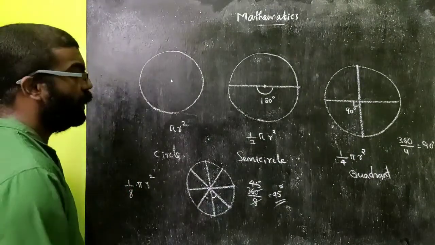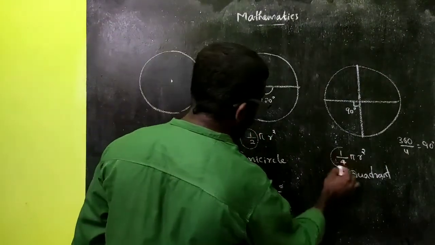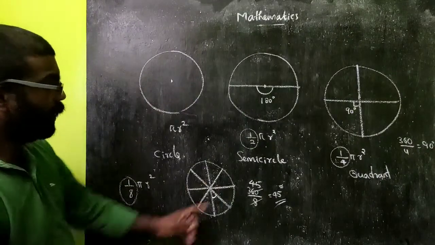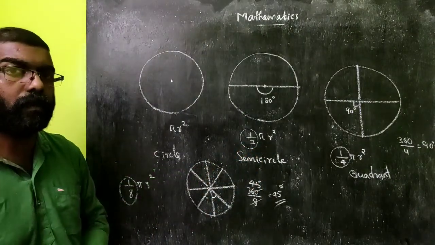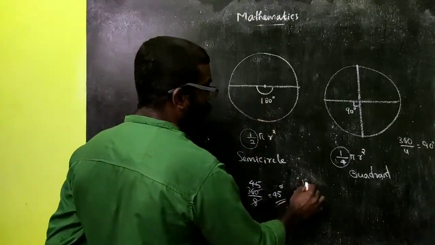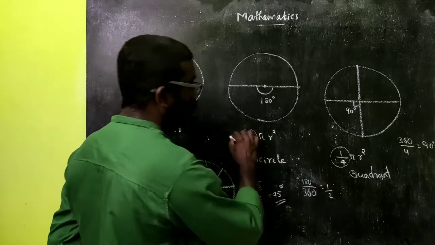Now let's see, is there any relation between this fraction and the central angle? Here 1 by 2, 1 by 4 and 1 by 8. Here the central angle is 180 degrees and 180 divided by 360 gives 1 by 2.